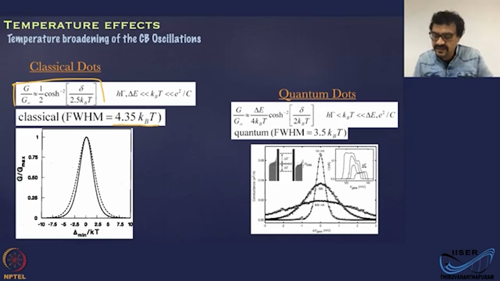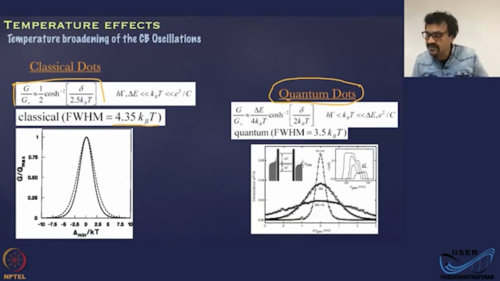And in the other regime where quantum mechanical properties are actually dominant, then the peak shape is given by this formula. But here, the small difference, I mean, it's a crucial difference, is the peak height is also a function of the temperature. Because the transmission through the quantum dot is also a function of temperature.